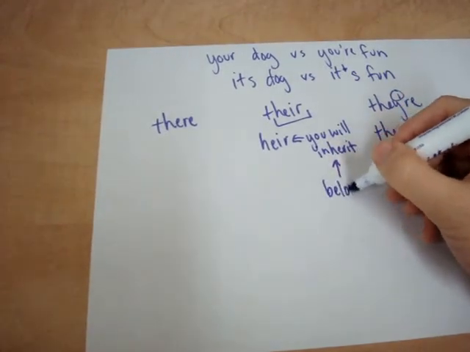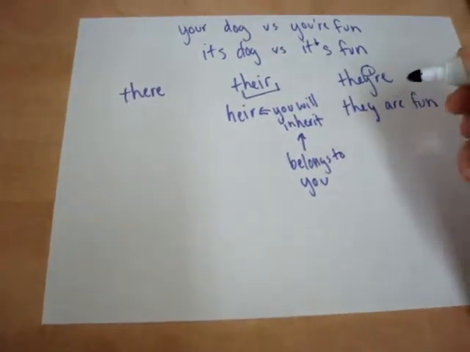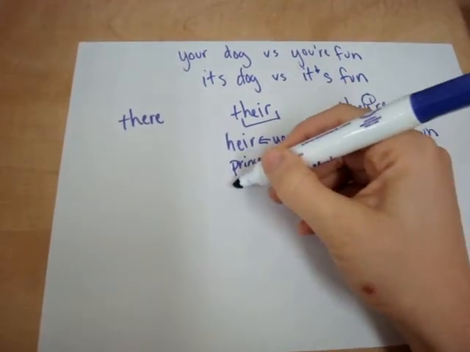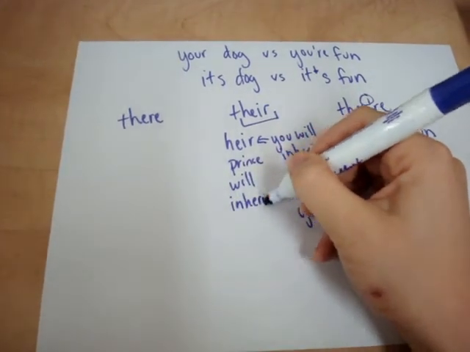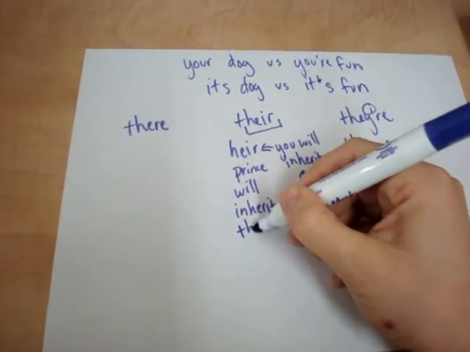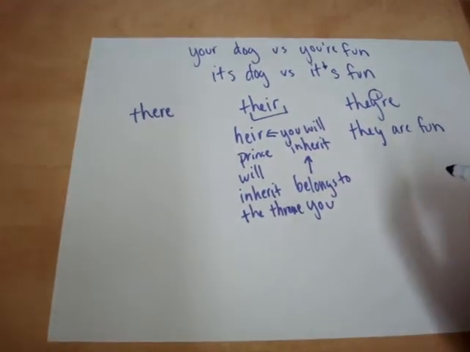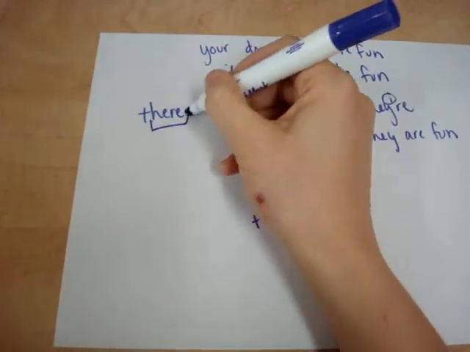You will inherit that car. That would indicate that the car will belong to you. So we can keep it straight because their has the word heir, which would mean belonging to, possession. You can remember the word heir because we often call princes and princesses heirs to the throne. The prince will inherit the throne.